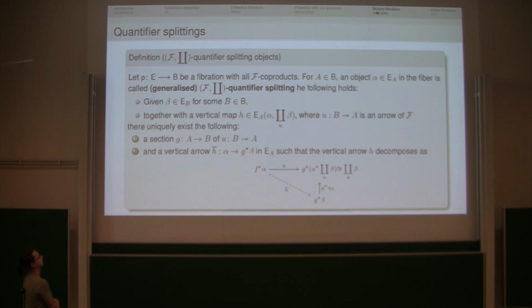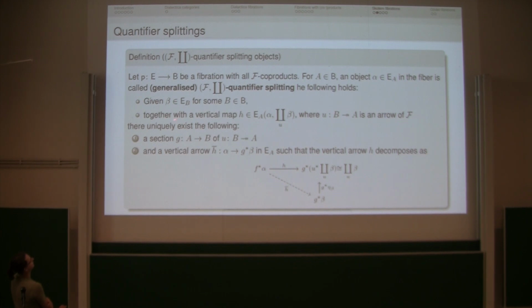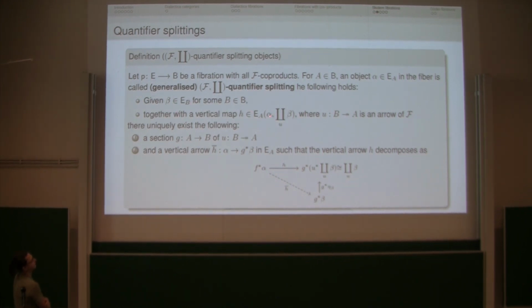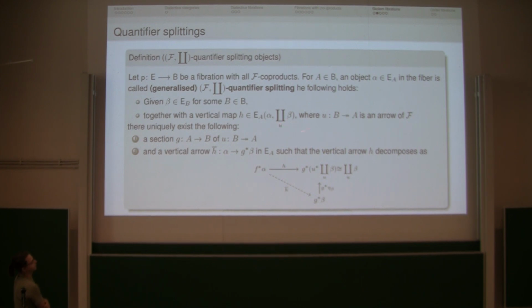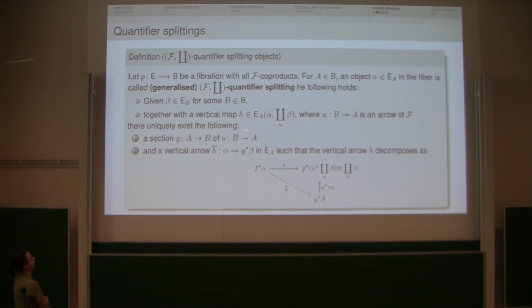And that's something that we can see here by saying, okay, an object alpha in some fiber is quantifier-free if the following holds. For any other object in some other fiber, together with the vertical map from this one object to the co-Cartesian transport over some map in the base, there uniquely exists the following data.